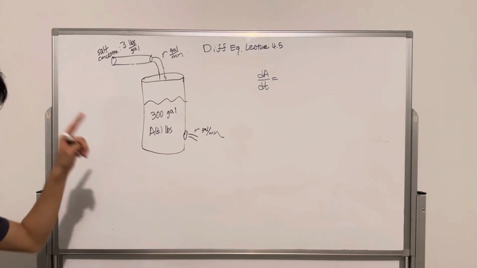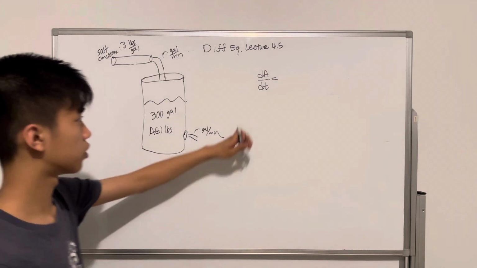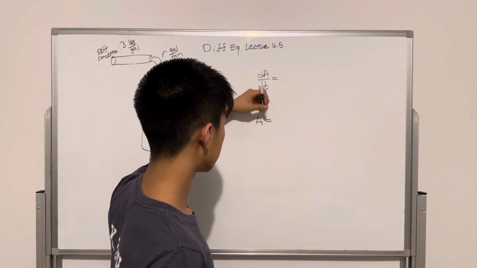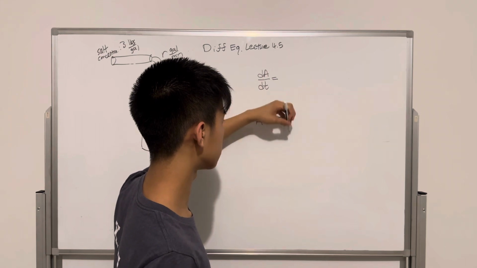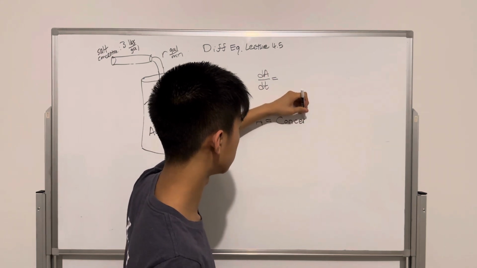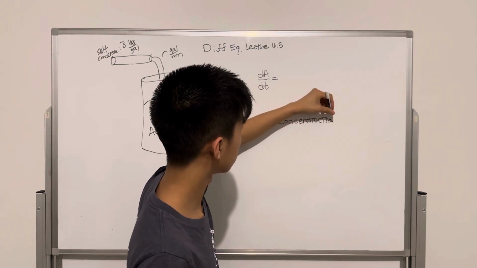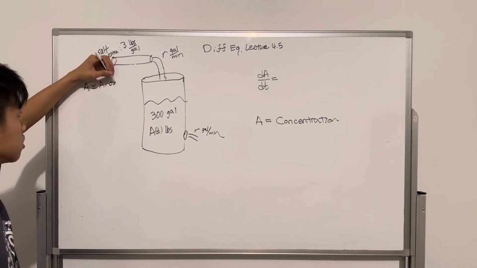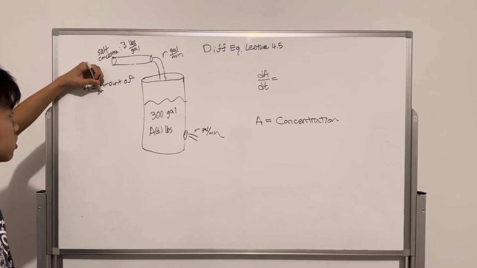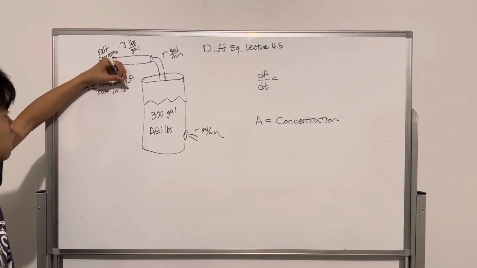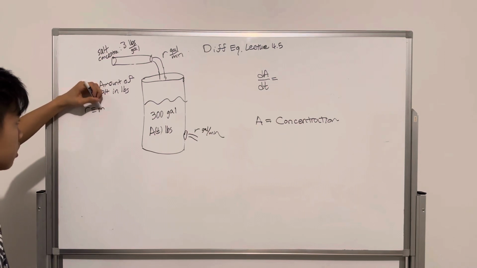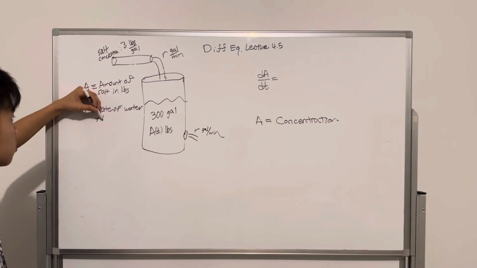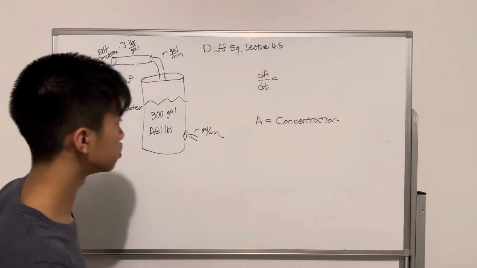So we know that the total salt A is equal to the concentration times the volume. I'll just make sure A is the amount of salt in pounds, and r equals the rate of water flow, just so there's no confusion.